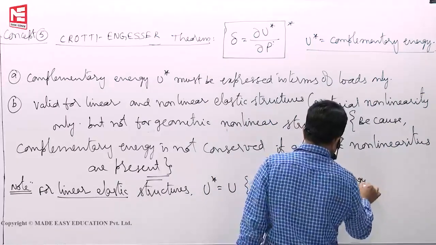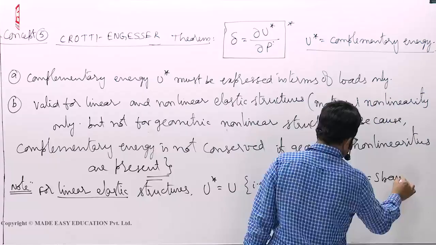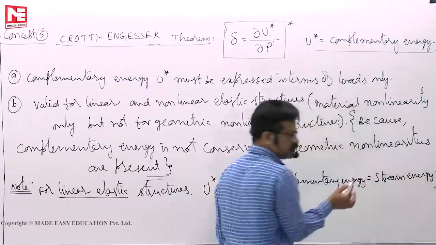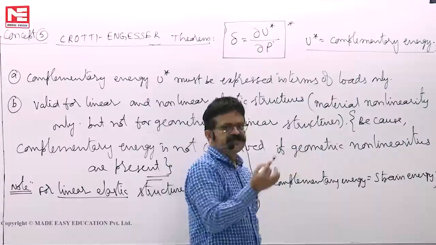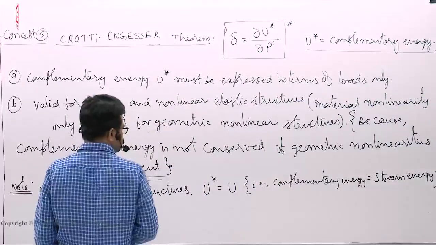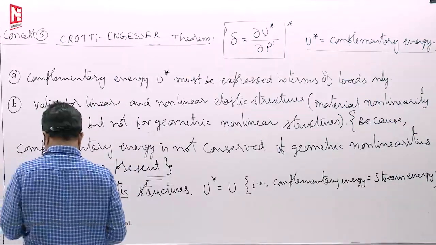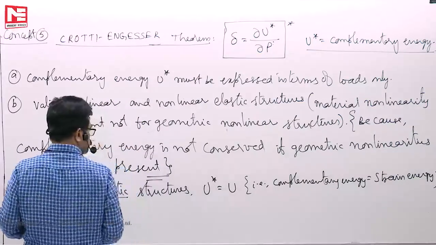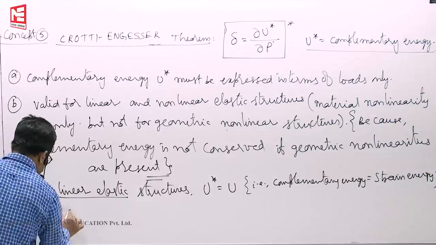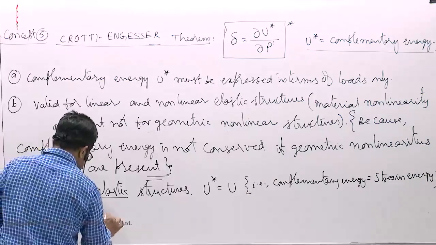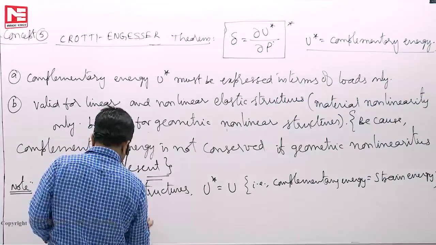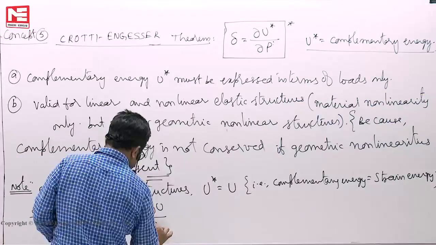Because when the triangle area forms a rectangle, the two areas have to be the same. So U star is equal to U. So we can write delta is equal to dou U by dou P.